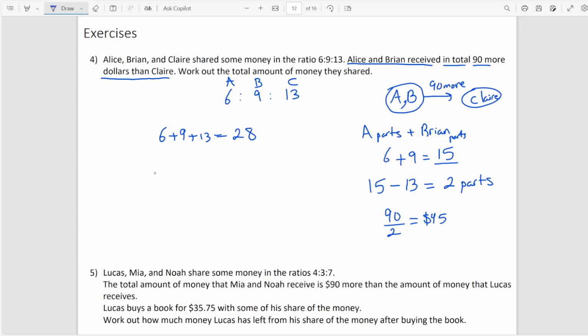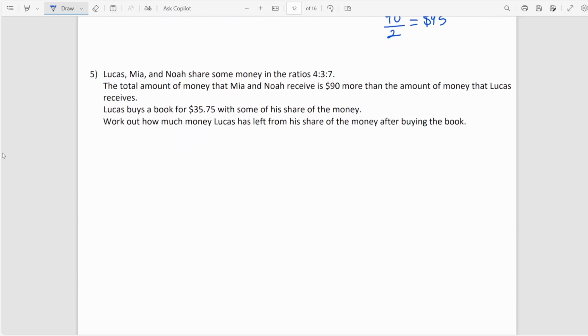And now I will multiply 28 parts, and each part is $45. And this gives us $1,260. Okay, this is the total amount they shared. Once again, you can do this by multiplying 6 by 45, 9 by 45, 13 by 45, and then adding them. Both methods work. You will get the same answer.